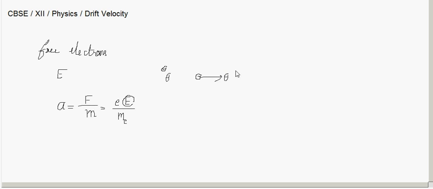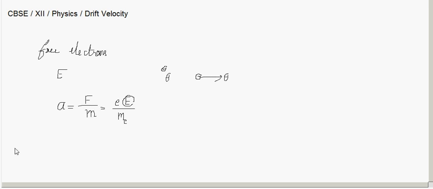Due to this collision, the electrons lose the gained kinetic energy. So the average velocity which the electrons can gain, we call drift velocity.